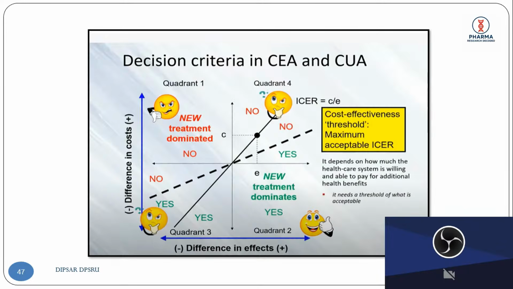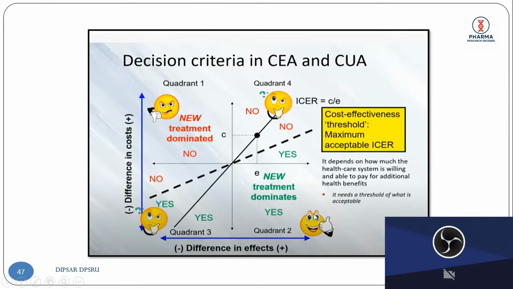So now you can see again this cost effectiveness plane, which tells you about the decision criteria in cost effectiveness analysis or cost utility analysis. So quadrant 1, right? In quadrant 2, there is no need to decide because the new treatment dominates.